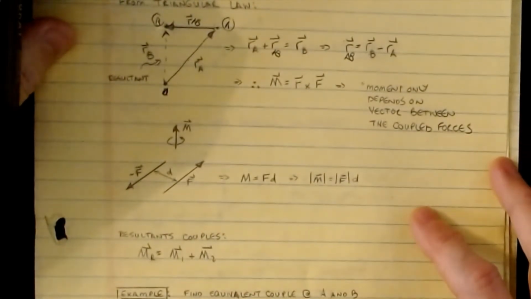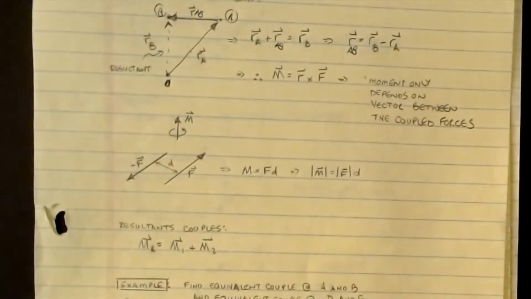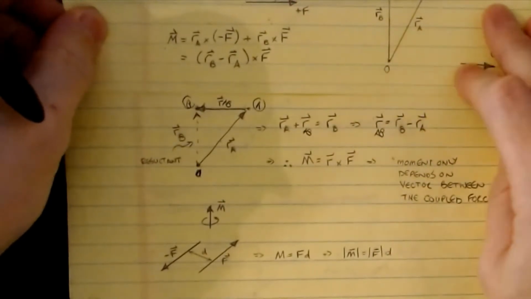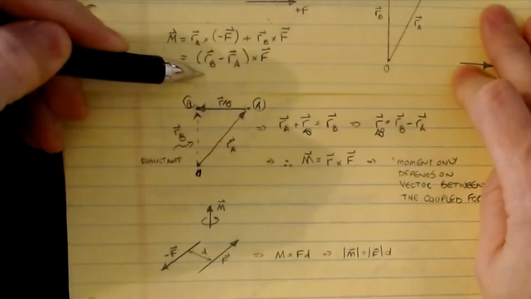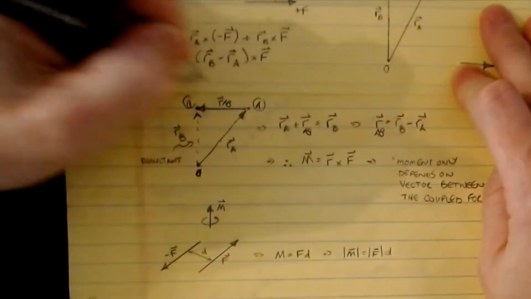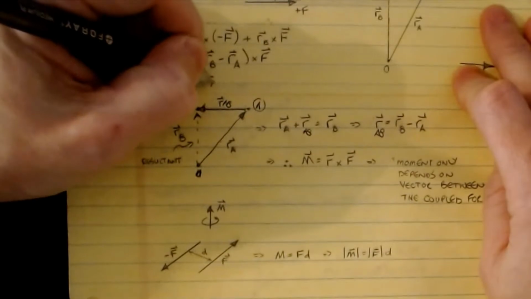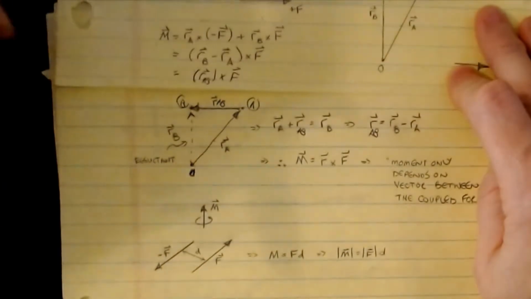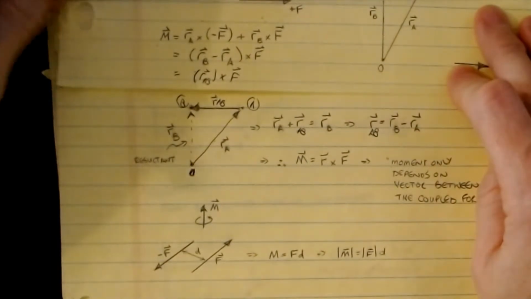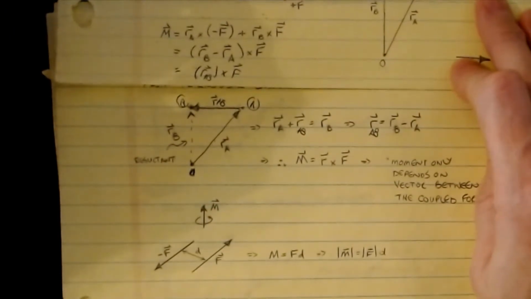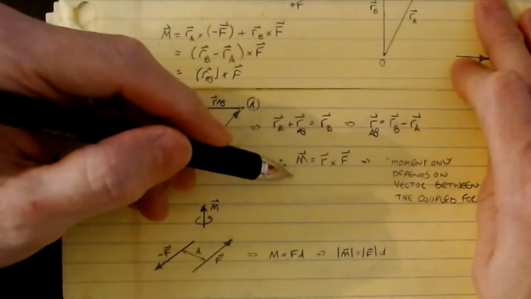If you look back at our formula from the previous page, that's this one. So this becomes R from A to B crossed into F, the positive F, because this is acting on the positive F that's acting at B. And so we get back to our basic formula for the moment vector.